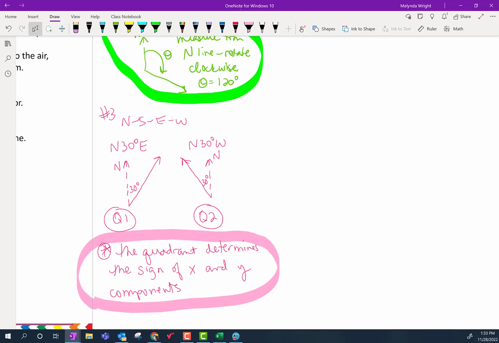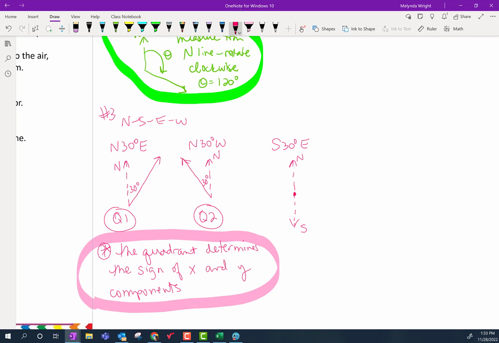All right, so now let's do some south. Let's do south 30 degrees east. I've got my north line here. I'm actually going to draw a south line, and we'll put a dot in the middle.